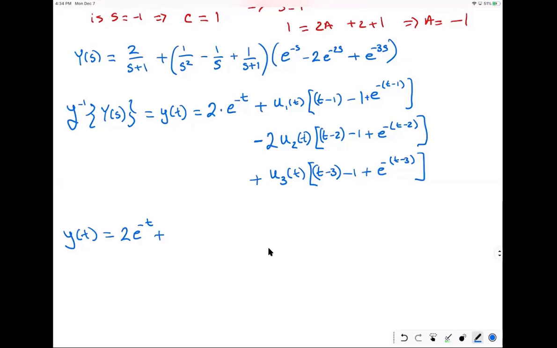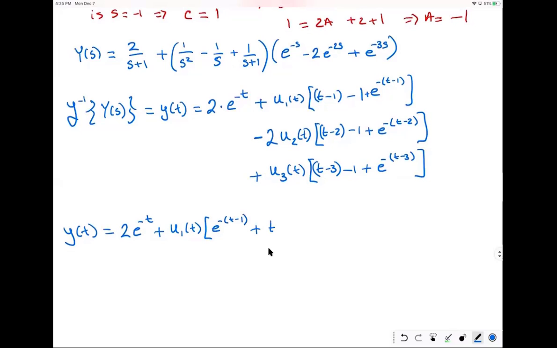So we should write this as u sub 1 of t times (e to the minus (t minus 1)) plus (t minus 2). I suppose we could distribute that negative in the top, but I'm not going to, for emphasis. So I just simplified this a little bit.